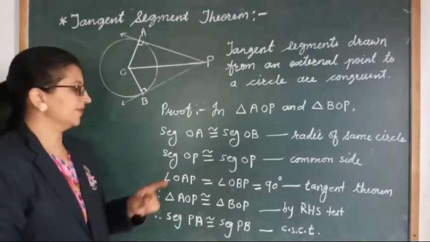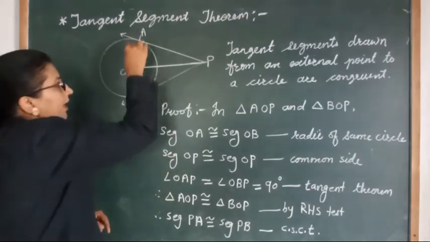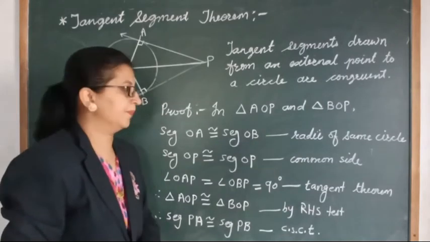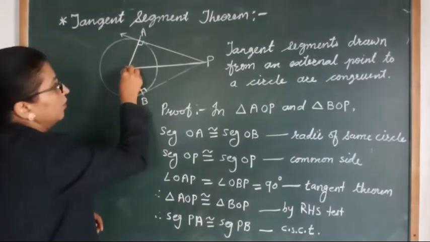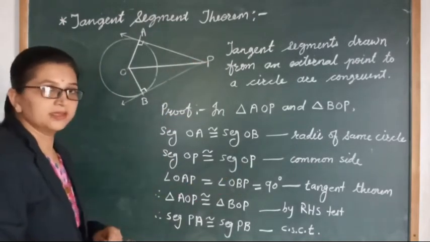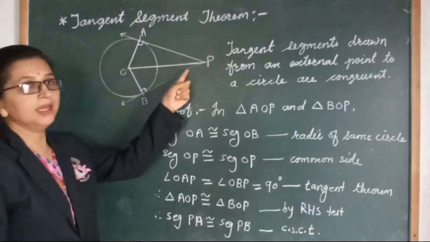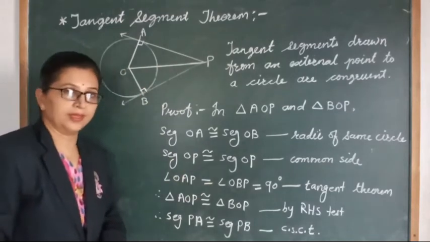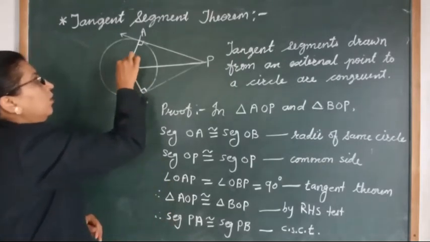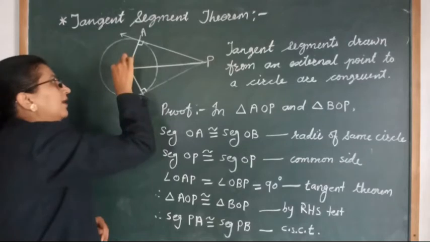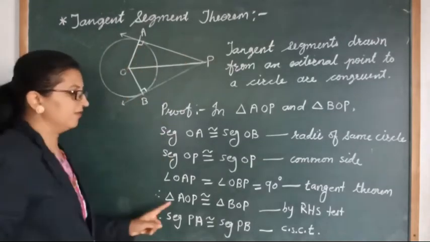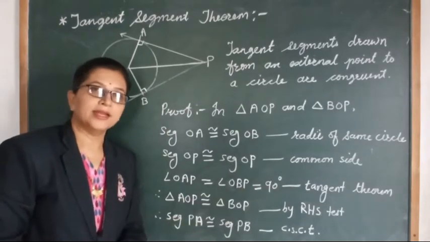First we can say that segment OA is congruent to segment OB, because these are the radii of the same circle. Then segment OP is congruent to segment OP, or in other words, hypotenuse OP is congruent to hypotenuse OP. Then angle OAP is congruent to angle OBP; both angles are 90 degrees by the tangent theorem.